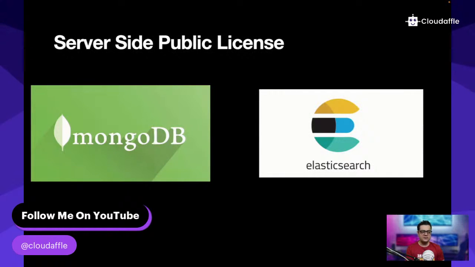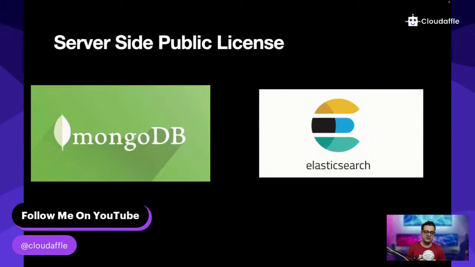So MongoDB and Elasticsearch had to change their strategy, and from a completely open source MIT license, they had to come to a server-side public license, which refrains these cloud providers from using their code to make money for free and sell it as a service on cloud.